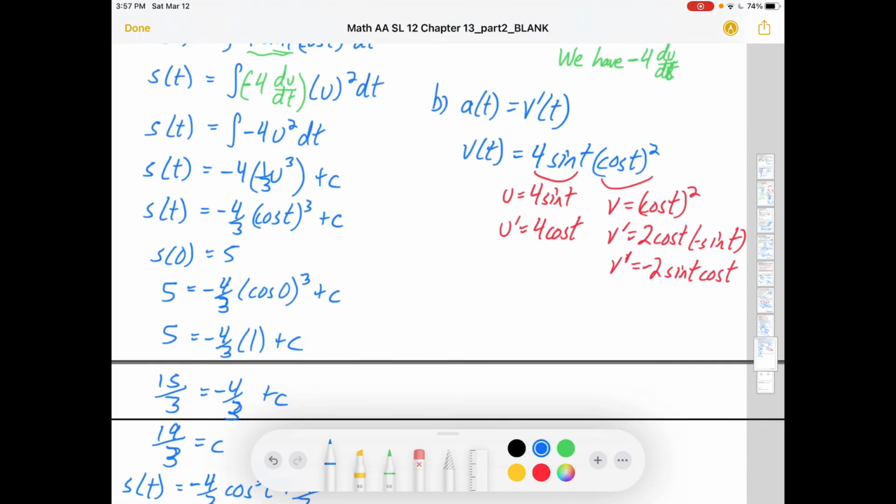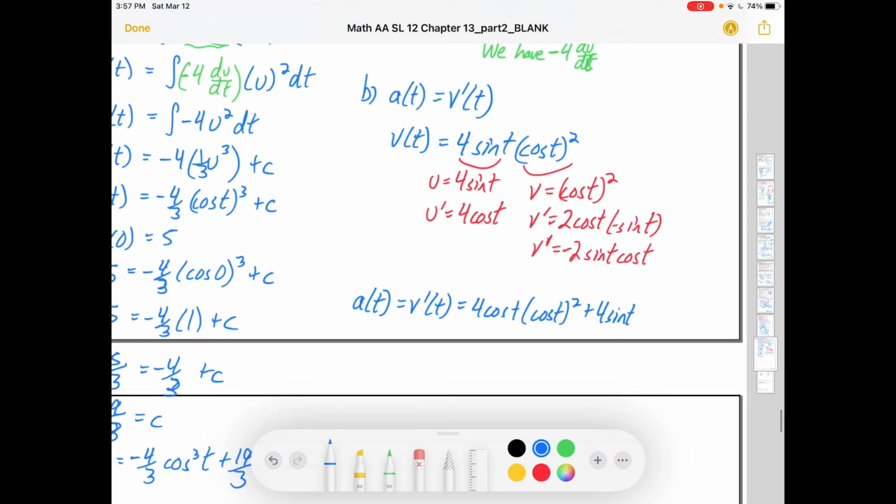Let's now find the acceleration function, which is v prime of t, and that's u prime by v plus u, 4 sine t, by v prime, which is negative 2 sine t cos t.